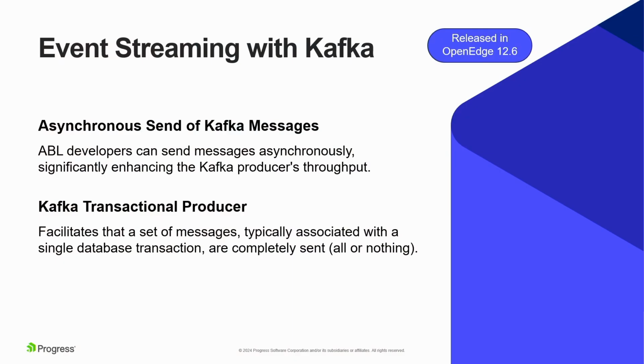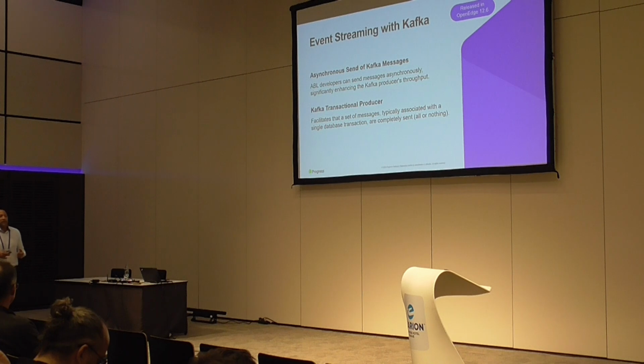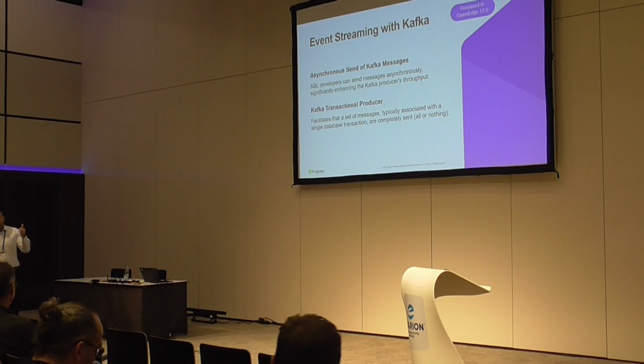All right, so that was OpenEdge 12.5. In OpenEdge 12.6, we further enhanced the integration between OpenEdge and Apache Kafka by introducing the ability to send and receive messages asynchronously, so multiple messages at a time and asynchronously. So this significantly improved the Kafka producer's throughput of how many messages can be sent and received.